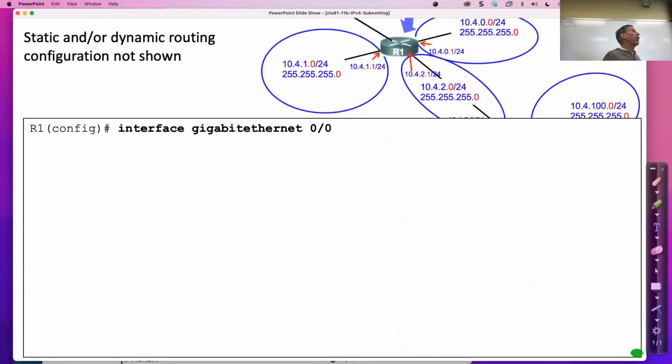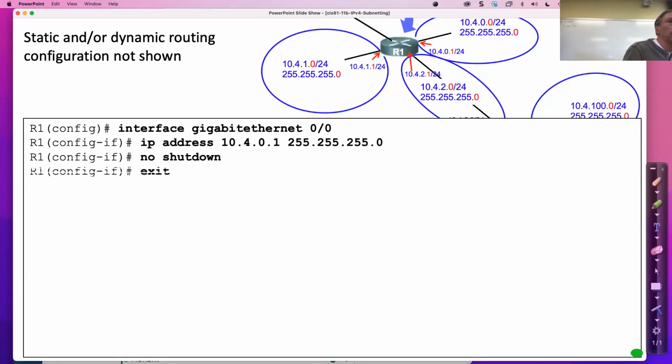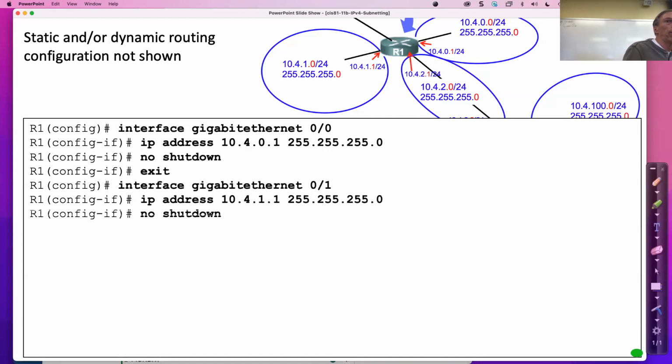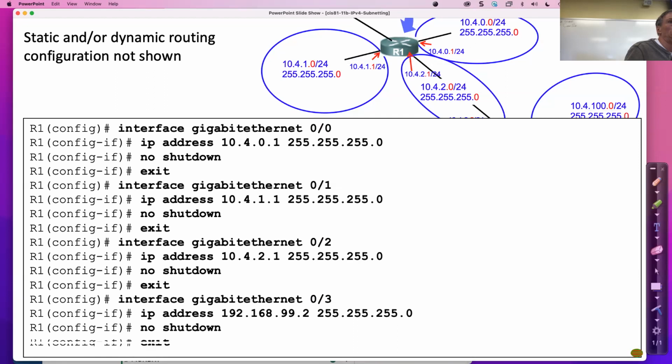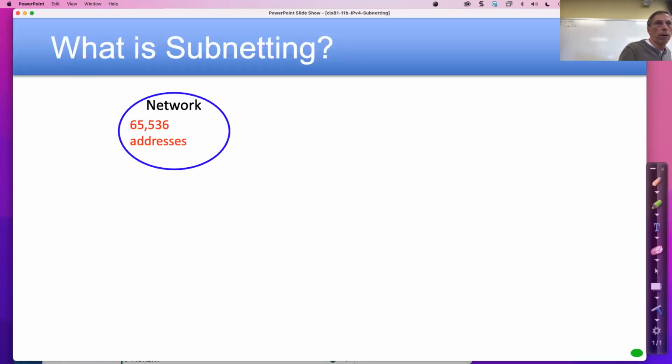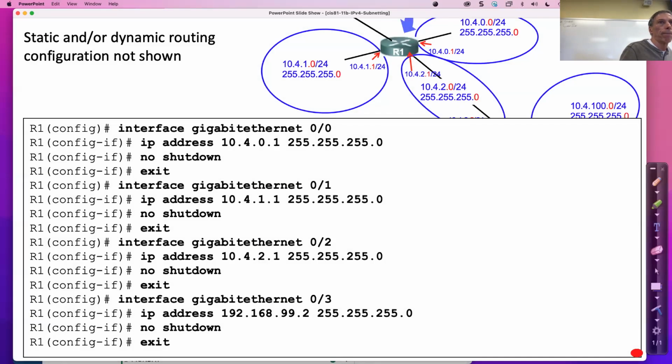As far as configuring the router, we can design this in various ways, but I'm just showing you here that the router is going to have an IP address on these different networks or subnetworks. So this router here has an IP address.